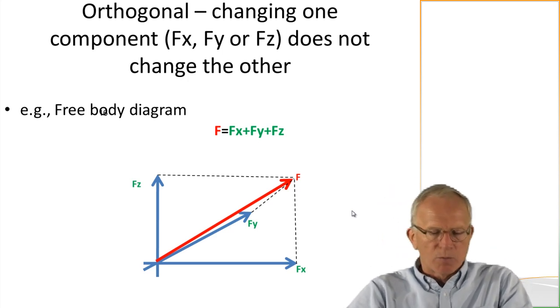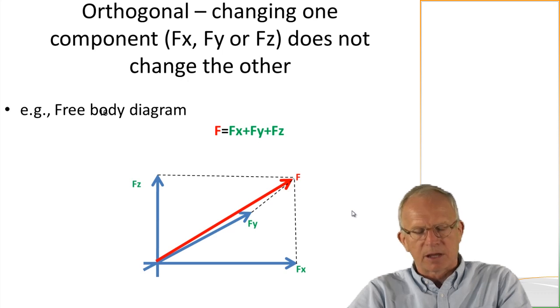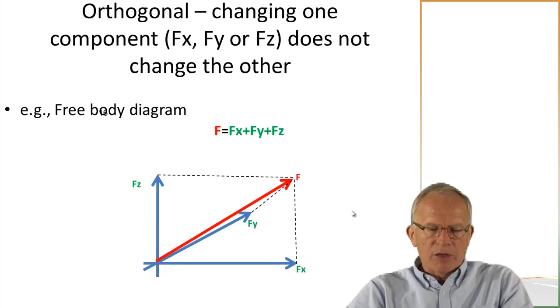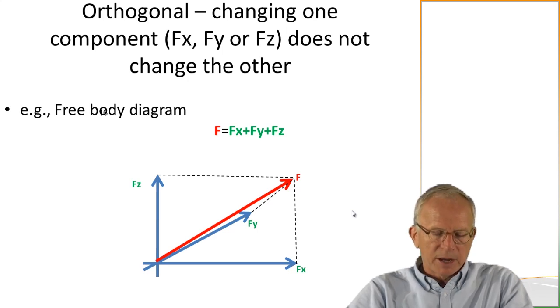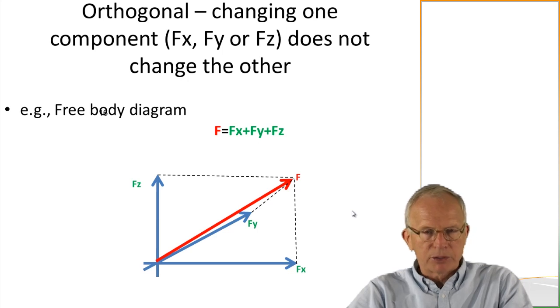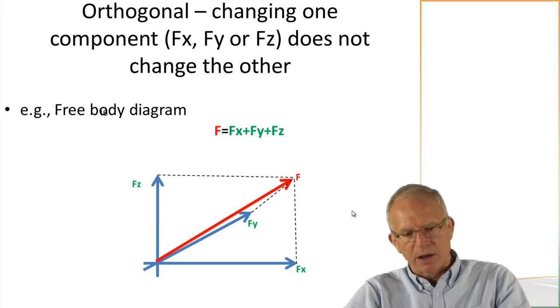Same for Fy in terms of Fz and Fx. So this is orthogonality. If the Fx component changes, it does not automatically change Fz and Fy.